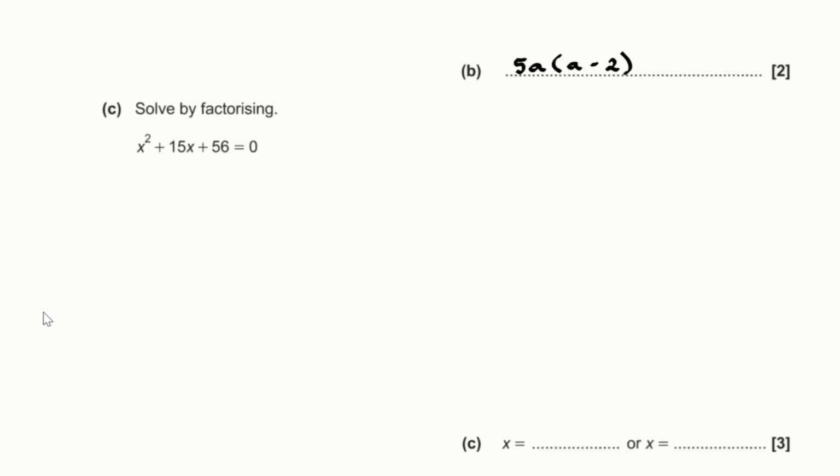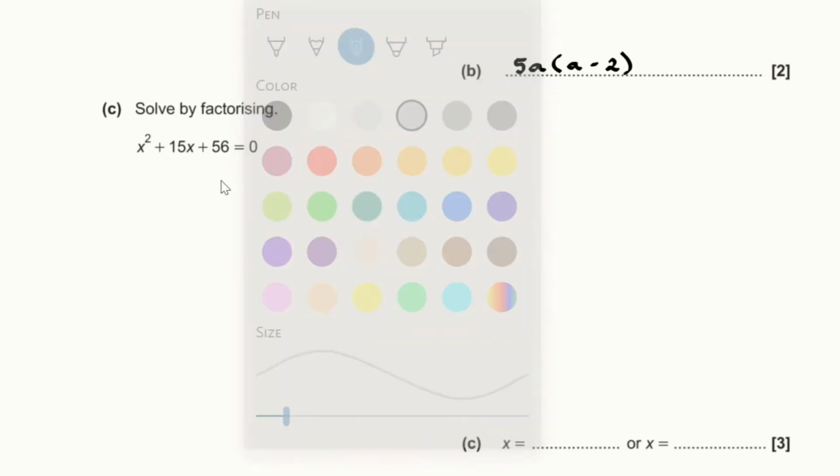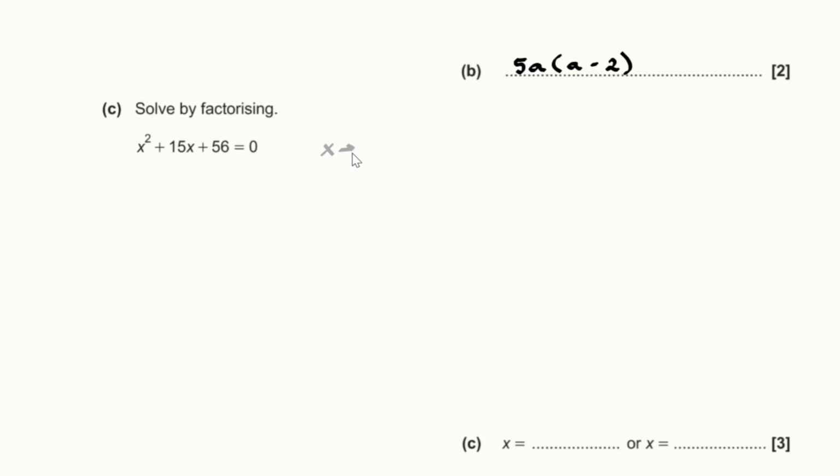And now for part C, we have to solve by factorising x squared plus 15x plus 56. Well, here we require two numbers which multiply to give 56, which add to give 15. You will find those two numbers to be 7 and 8. So when we come to factorise, we've got x plus 7, lots of x plus 8, and this is equal to 0.